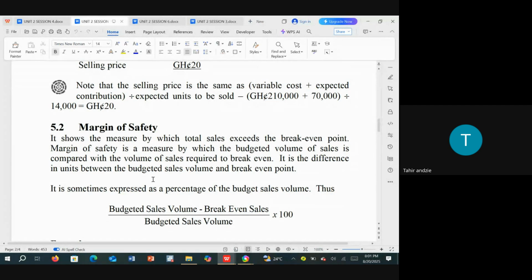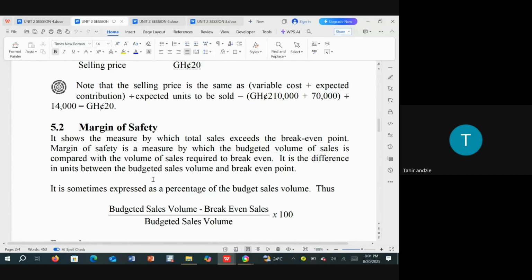The definition of margin of safety is that it measures the extent to which actual sales or the budgeted sales will fall before the break-even point is reached.